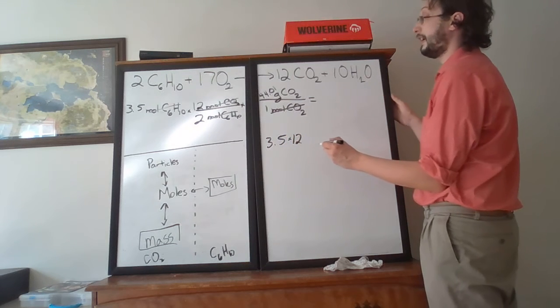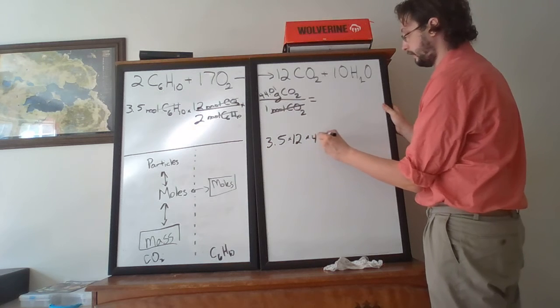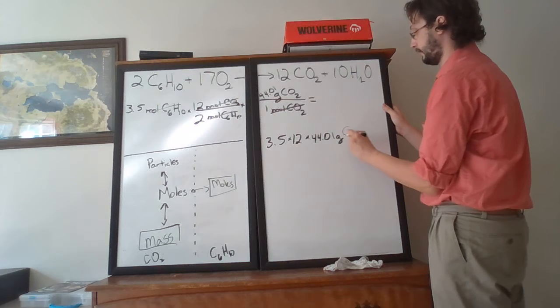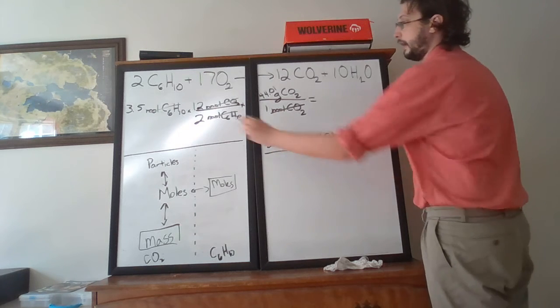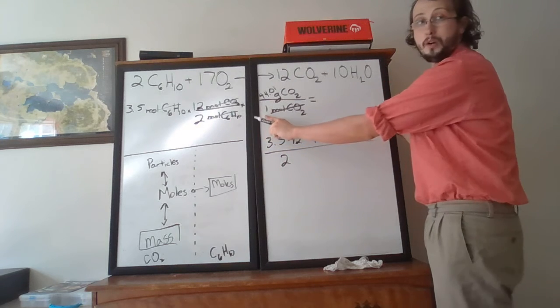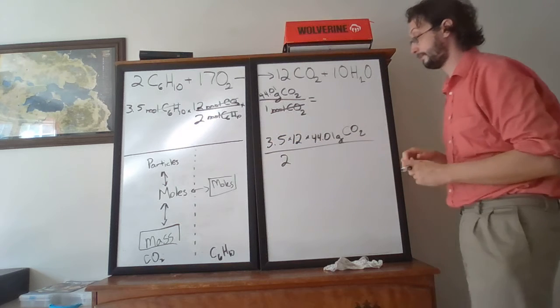After that, moles of carbon dioxide canceled out, so the next thing is multiplying by 44.01 grams of carbon dioxide. In the denominator, we've got 2. Multiplying by 1 is still itself, so it doesn't matter. The only thing in the bottom is 2.